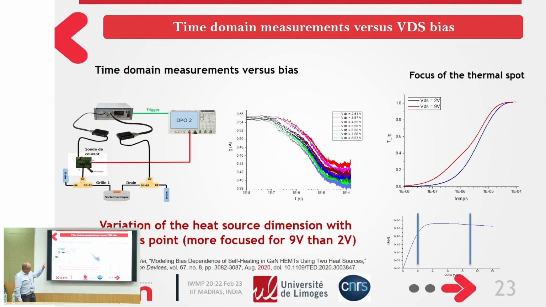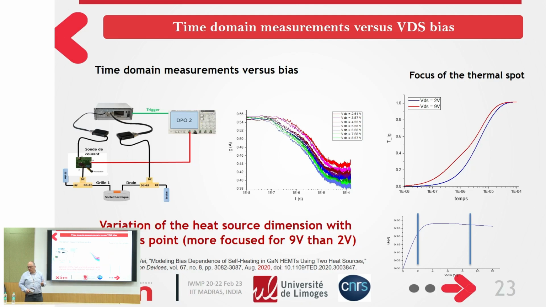And with that, we say that temperature varies at the inverse of this what we see here, and we plot here the normalized temperature for 2 VDS.